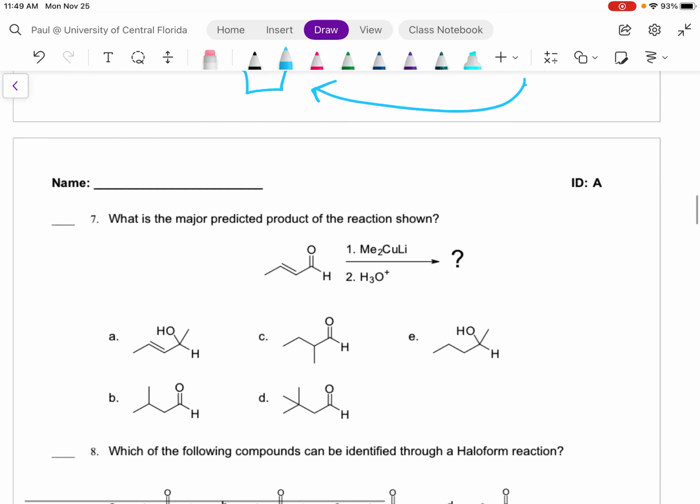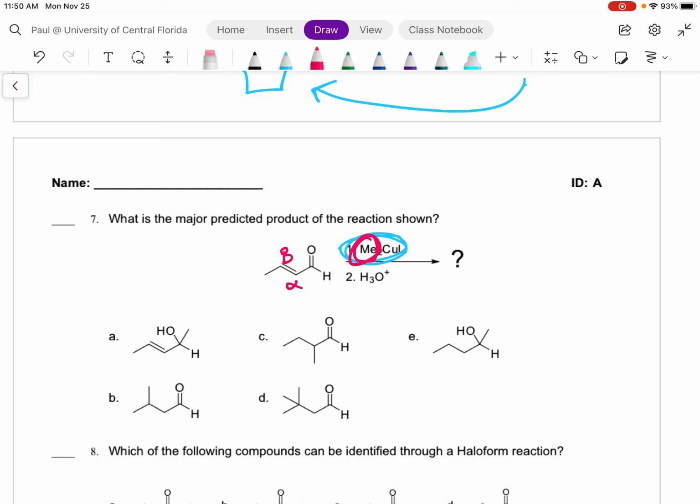So right here is a Gilman reaction. We have the Gilman reagent right there, and that Gilman does a Michael reaction here in which the Gilman is going to add the methyl to the beta position. So there's alpha, there's beta, and what is it going to add?